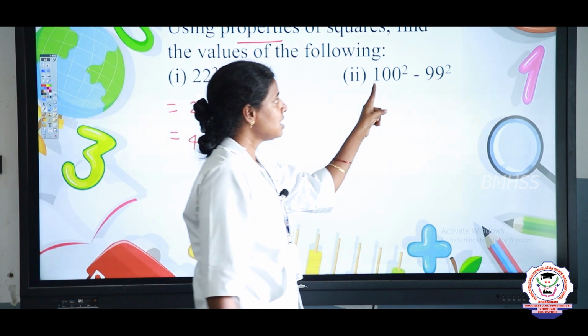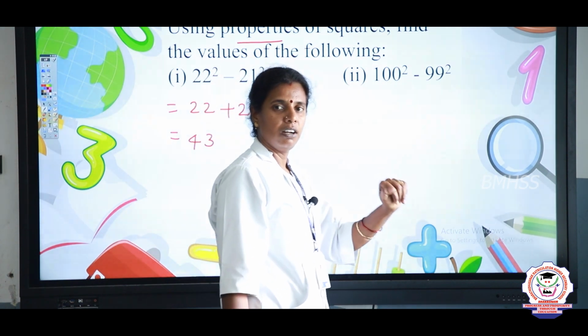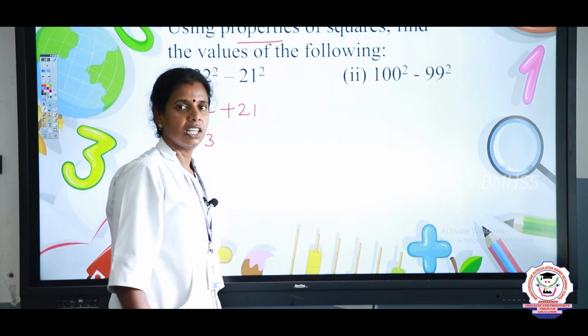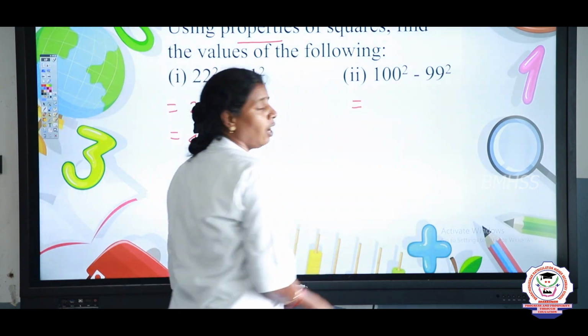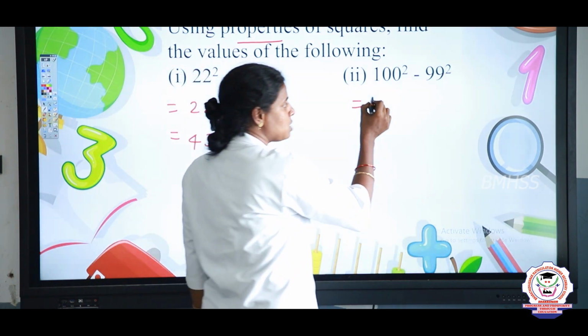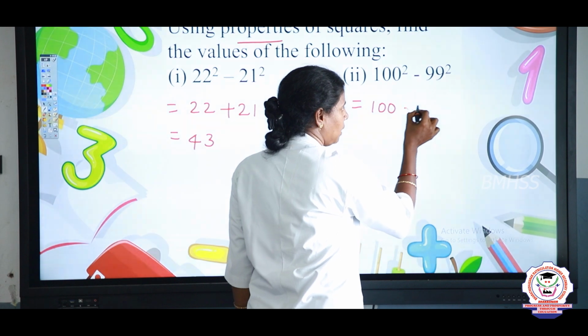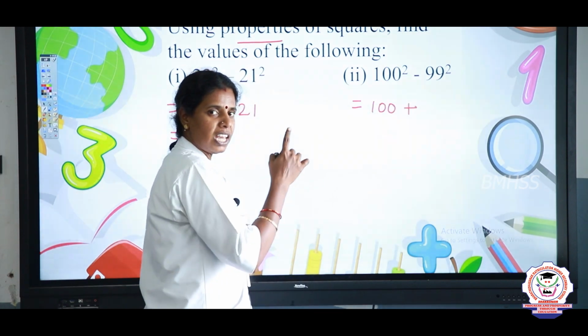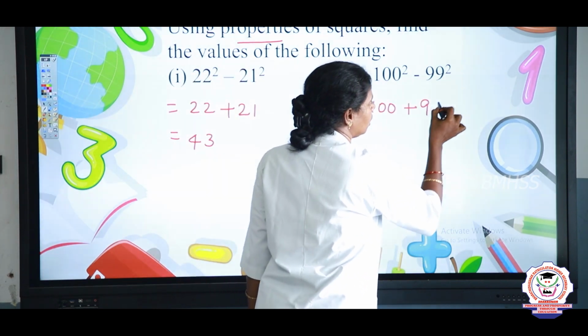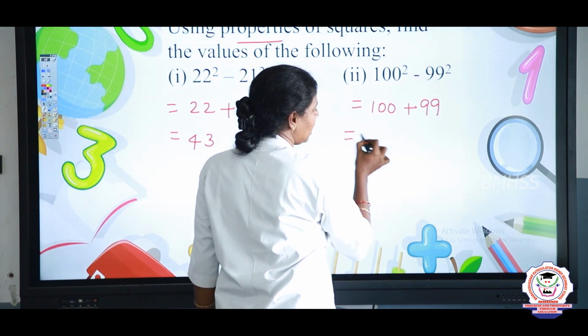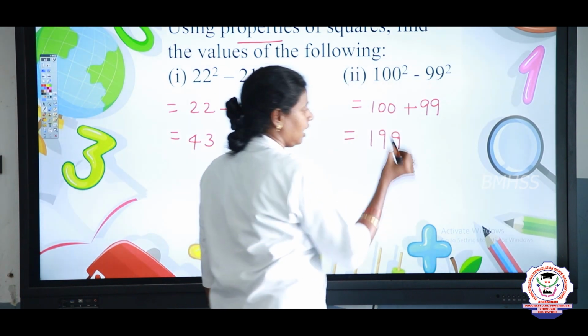Can you answer this? 100 square minus 99 square. So, what will be the answer for this? Yes, what I need to write now? First, n plus 1 value, which is 100 plus. Then n value, what is n? 99, very good. Now, 100 plus 99 is 199.